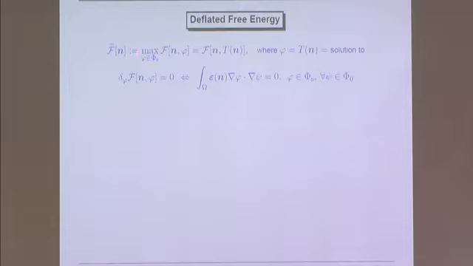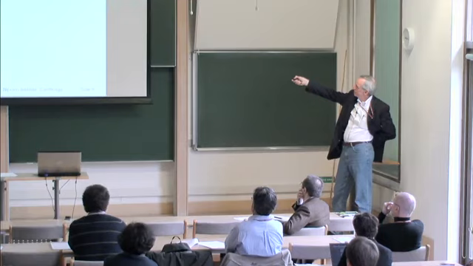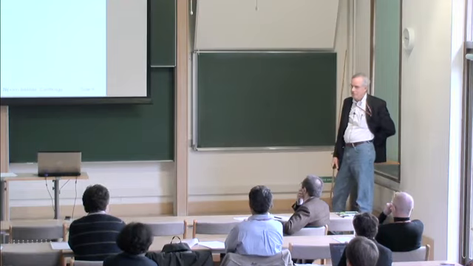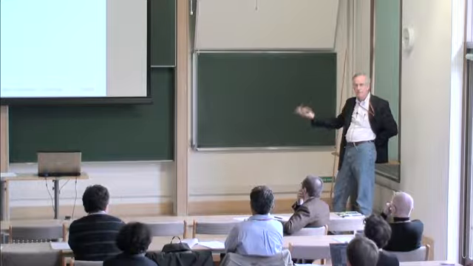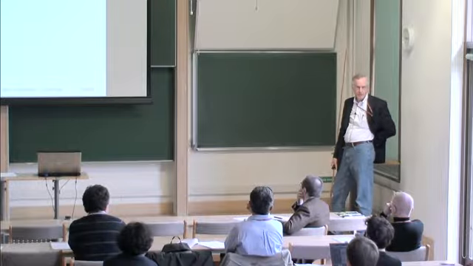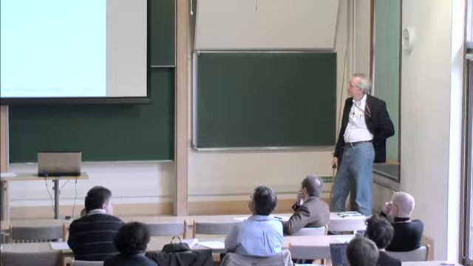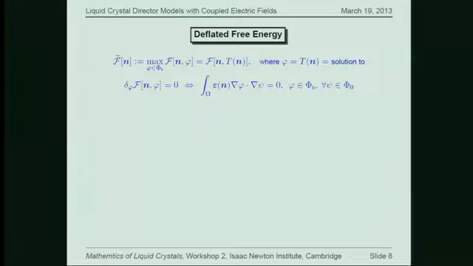You can either think of that as doing the inner maximization in the minimax problem, or for some calculus I'm going to do in a moment, it's convenient to introduce an operator that I call T that simply takes a given director field and returns the electric potential associated with that director field. So you just solve the PDE side condition for the electric field that goes with that particular director field. That's a well-posed problem, with a unique solution for any director field that you put in.